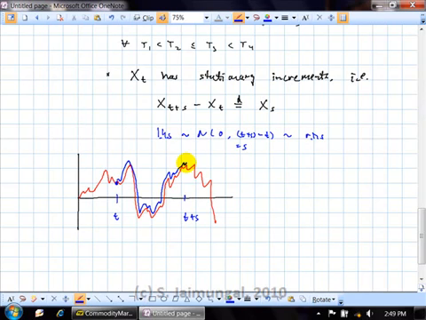Now remember, equality in distribution does not mean equality. And we can see a very good example of this. Look at the difference. So what's the increment in this particular scenario? The increment in this scenario is that height, right? And it's a positive number in this case.